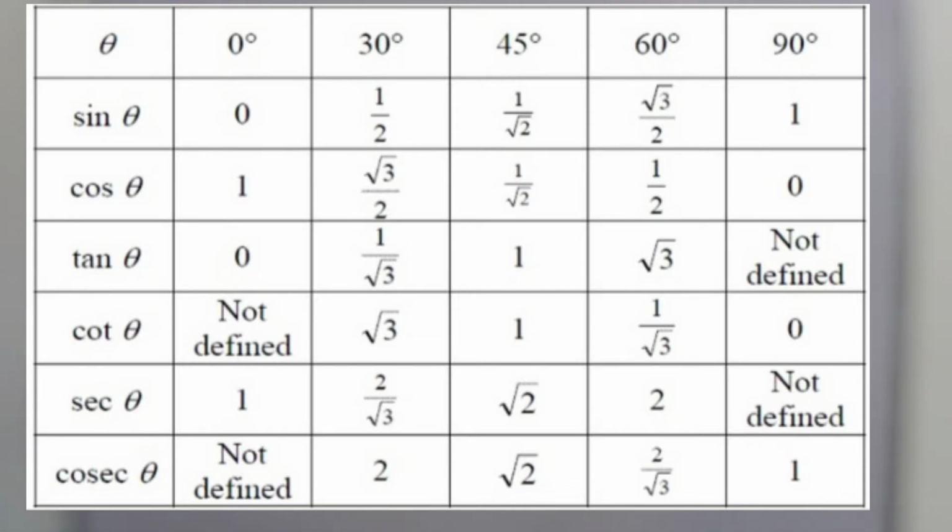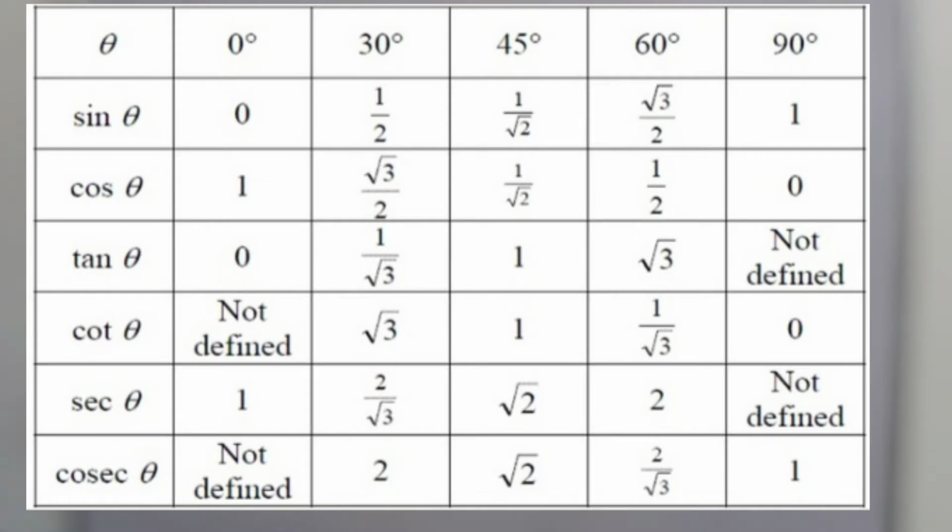And this table helps to provide the values of T ratios of these standard angles, right? These values are very important and the T ratios are also very important, right? So you can use these values in exercise 8.2 or in the next chapter, the application of trigonometry.